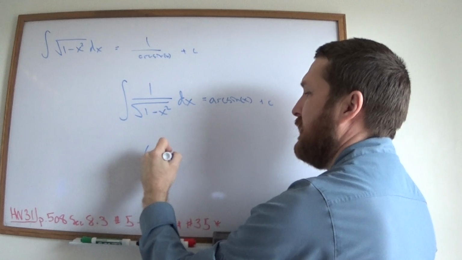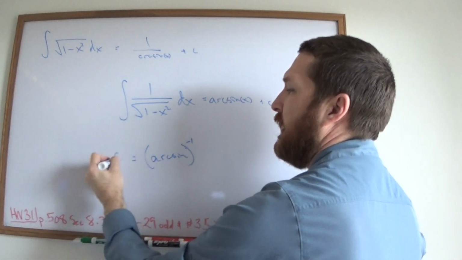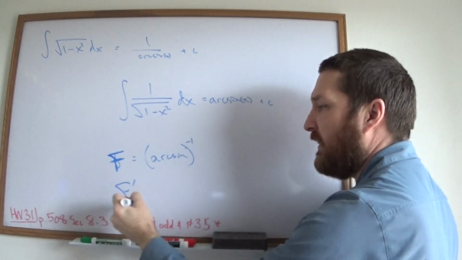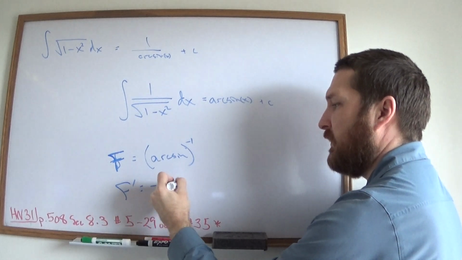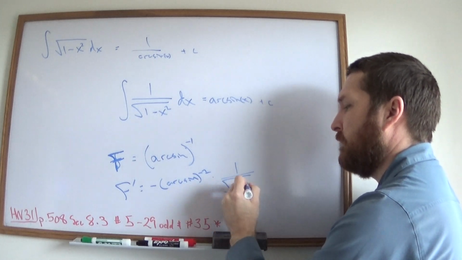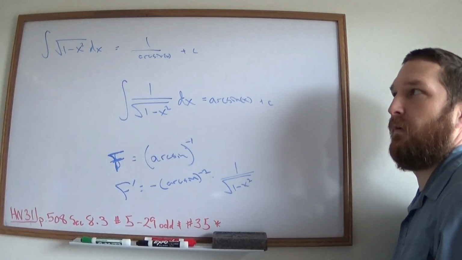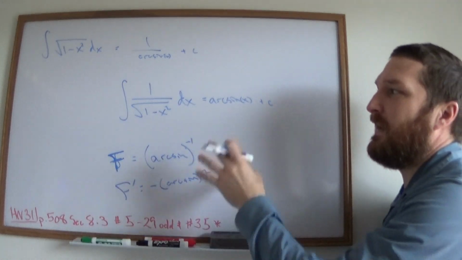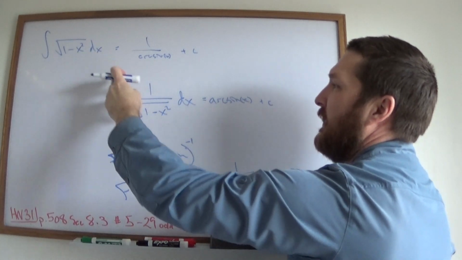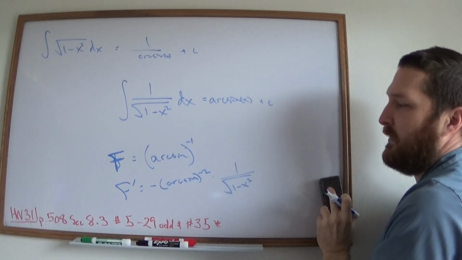This is the same thing as arcsine stuff to the negative 1. Let's use capital F here. If you take the derivative of it, you get negative arcsine to the negative 2 times the derivative of arcsine, which is this thing. Clearly not the same thing as this right there. So integrals don't work that way. You can't say, well, if that's that, and that's that, then this must be 1 over that. No, integrals don't work that way.